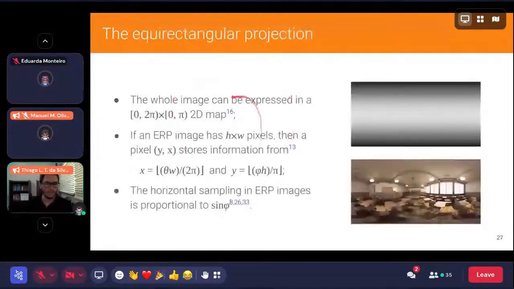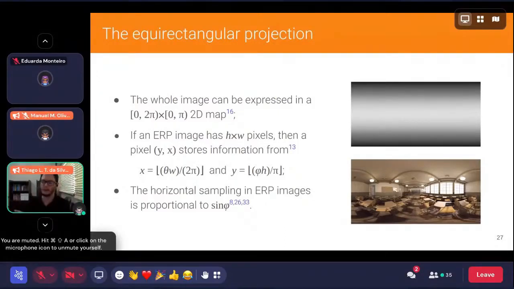Well, we talked about the rectangular projection. That is one of the many choices we could use to represent the sphere on one planar representation, on one plane only. But it has some advantages. It's straightforward, as you saw, and it's regular.